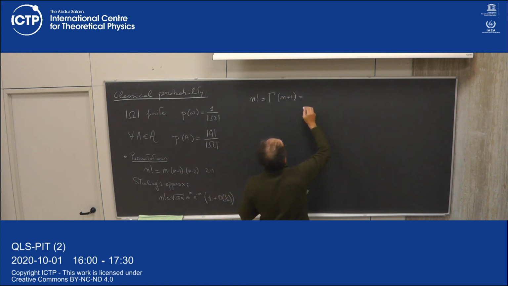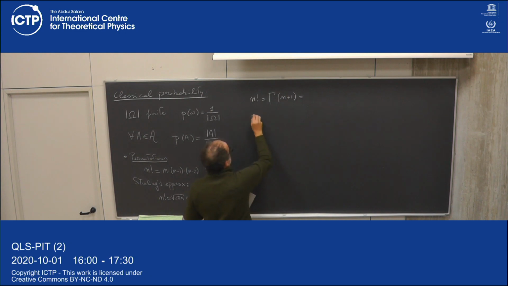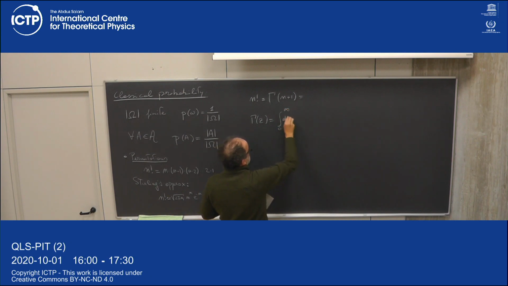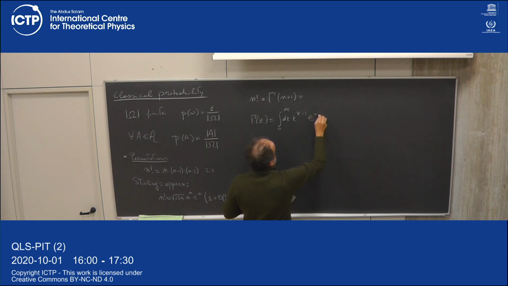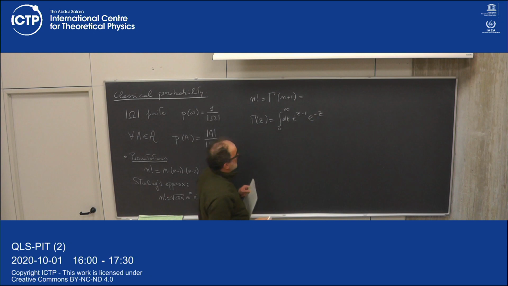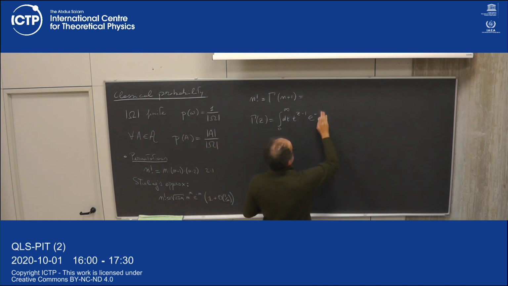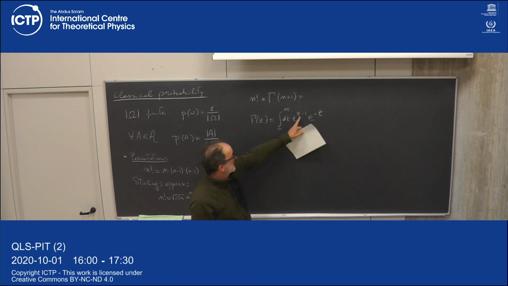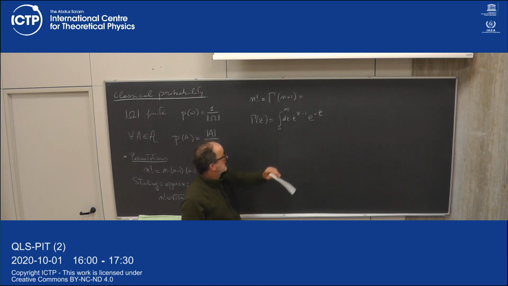Okay, the gamma function is a function that is defined on all the complex numbers z.